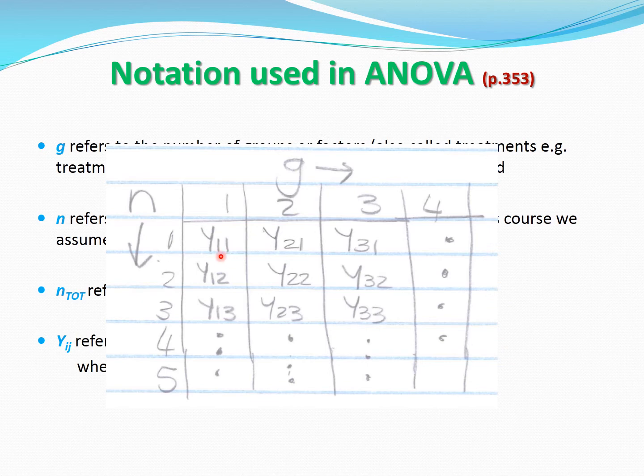The second element in group 1 will be numbered Y12 because that element refers to the second element in the first group, etc. Then for the second group, the first element will be numbered Y21 since it refers to the first element in the second group. The second element will be numbered Y22 because it's the second element in the second group, etc. So all 20 items or people or processes can be numbered like this.